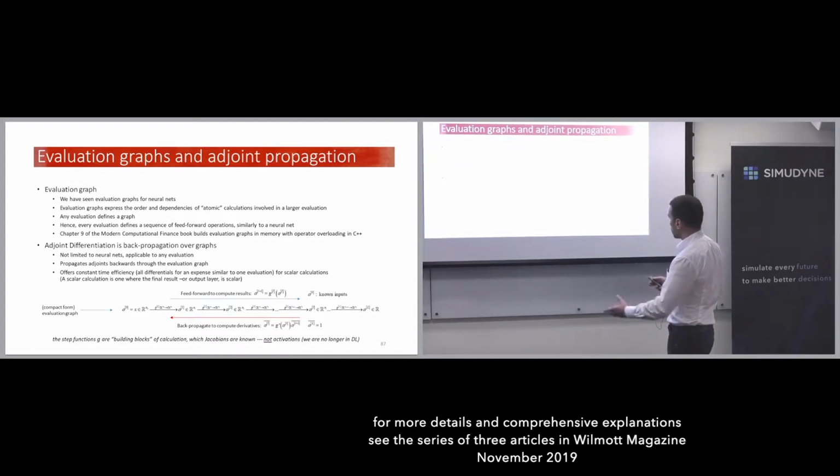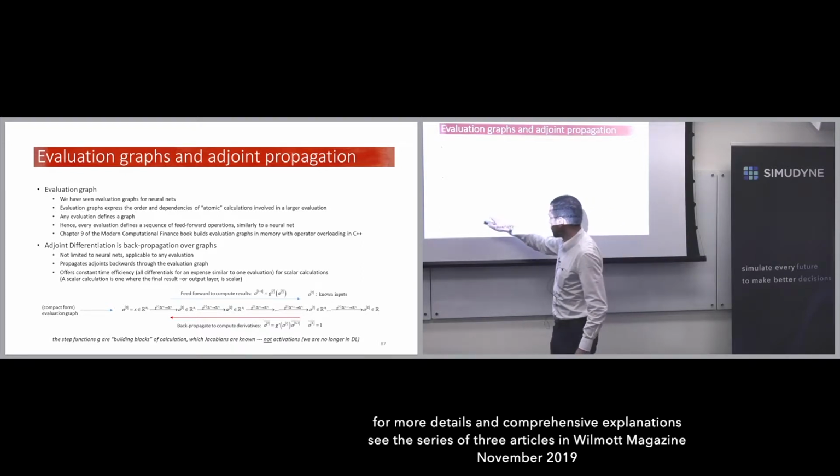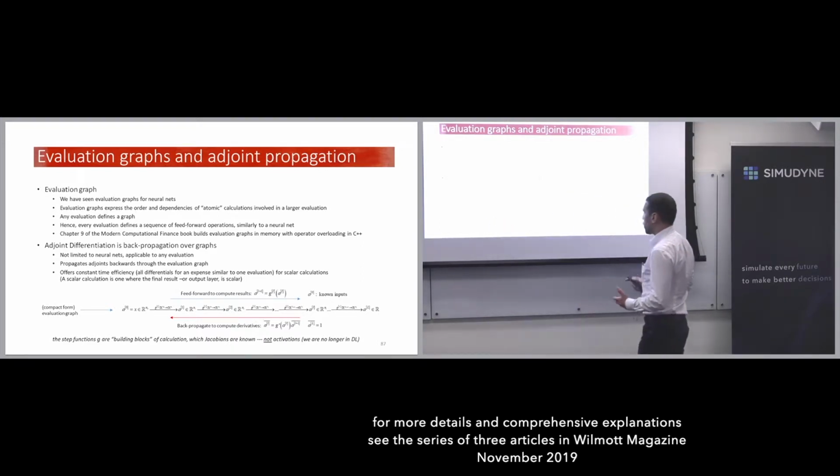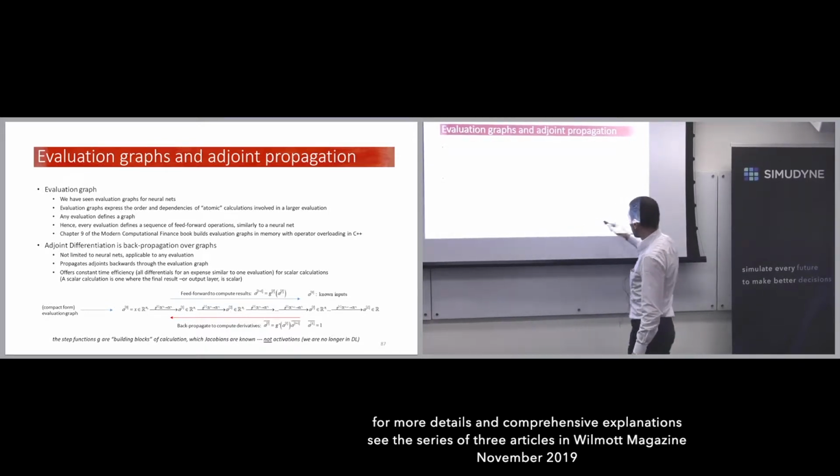And in order to calculate all the derivatives of the final result with respect to the initial inputs, all I have to do, as we have seen, is to backpropagate this sequence of calculation, to perform the sequence of adjoint operations in the reverse order to backpropagate derivatives.